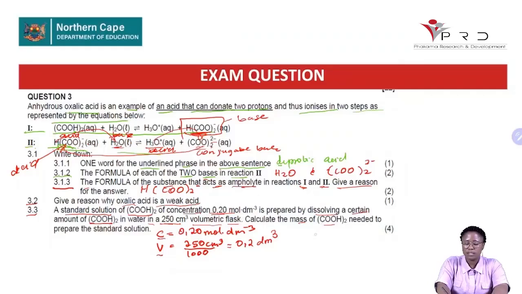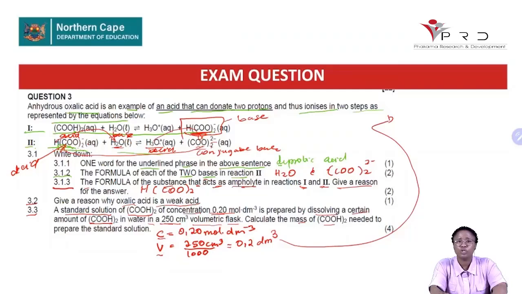So what will be the number of moles? How do you do that? Let me quickly take it over here. Which formula do you use? C is equal to m over molar mass multiplied by the volume. Or you can use the formula C equals n over V. Find the number of moles.